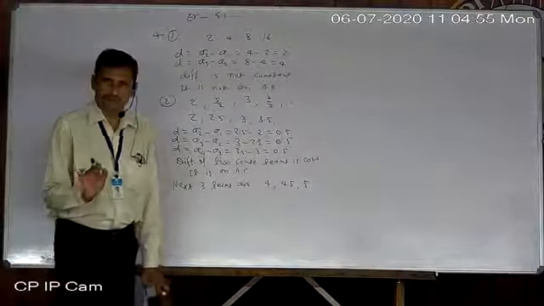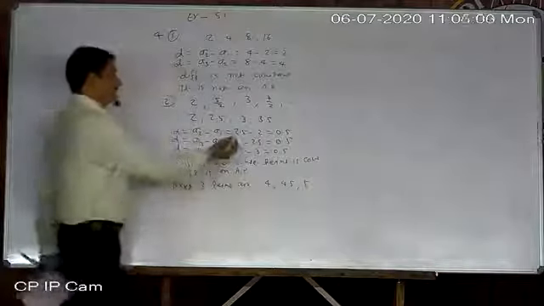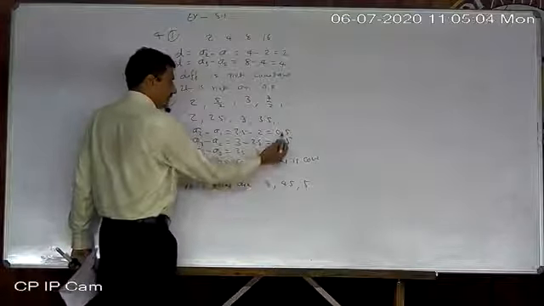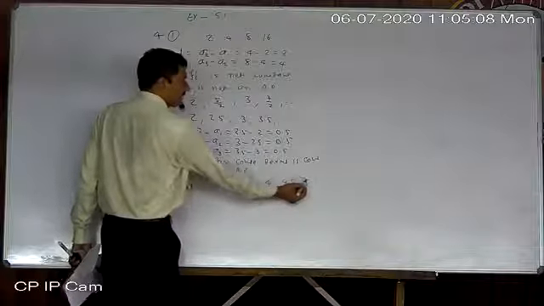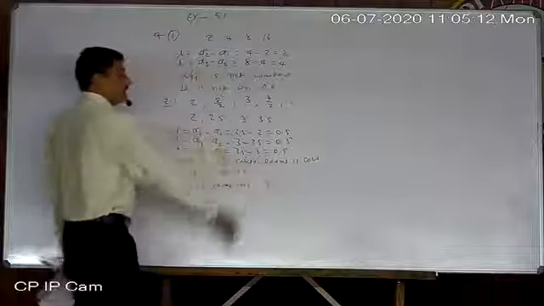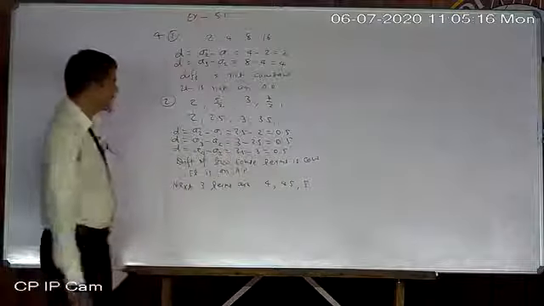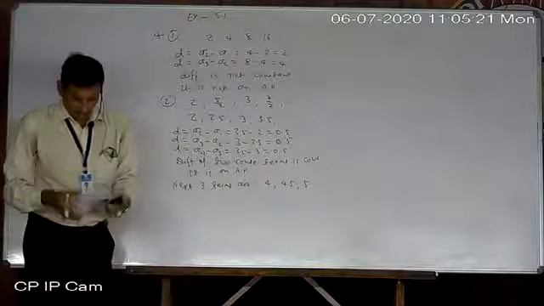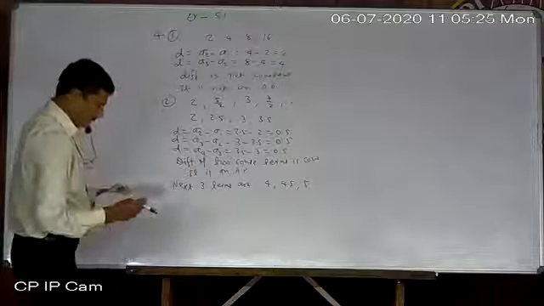If you want to show where 4.5 comes from, then you can say A4 plus D equal to A5, A5 plus D equal to A6, and A6 plus 0.5 equal to A7. But here it is orally possible, so you can write directly also. Same way you can find everywhere for these types.